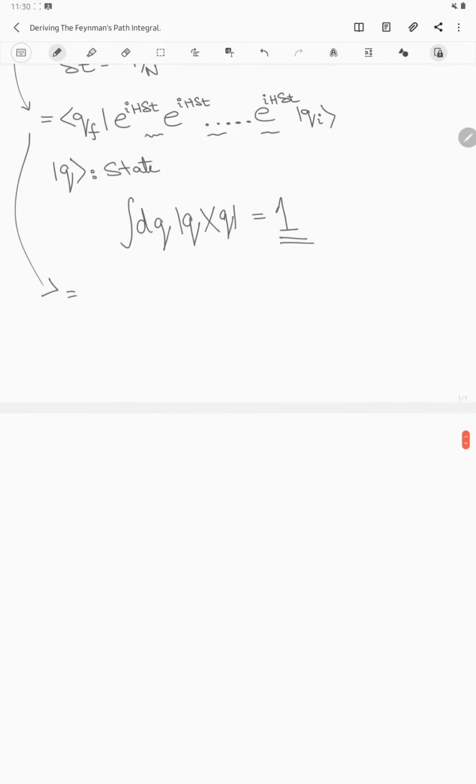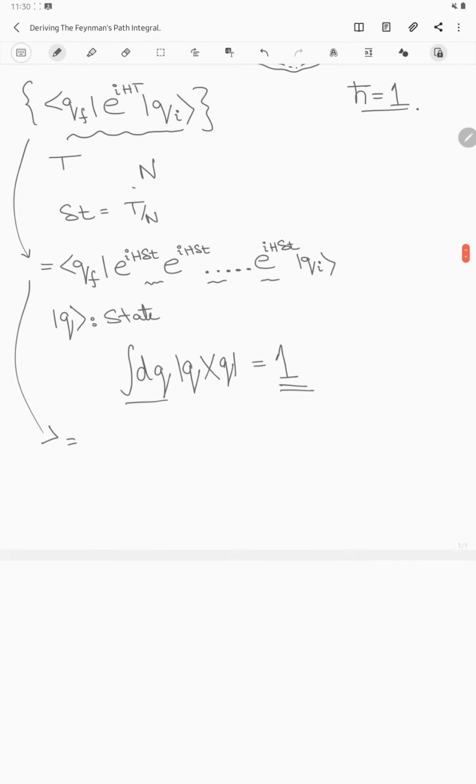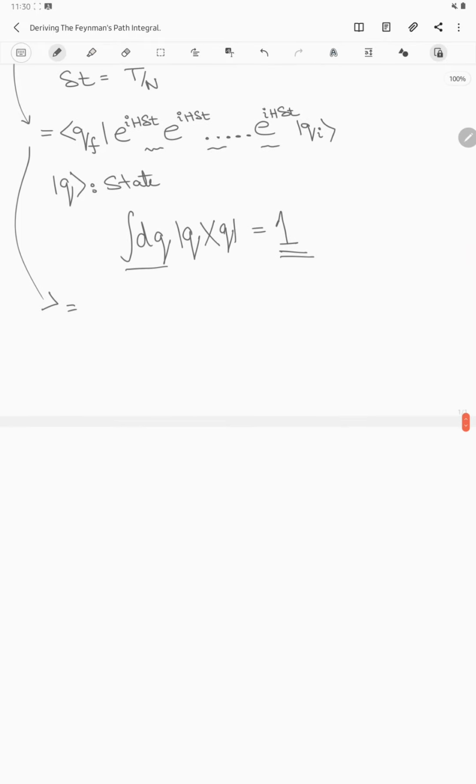would be equal to, for every exponential factor, I would have the integral carried out over dq. So I would have to take the product of, say we have n segments, right? So I would have to take this product of integral dq n times. So how do I do that in mathematics?